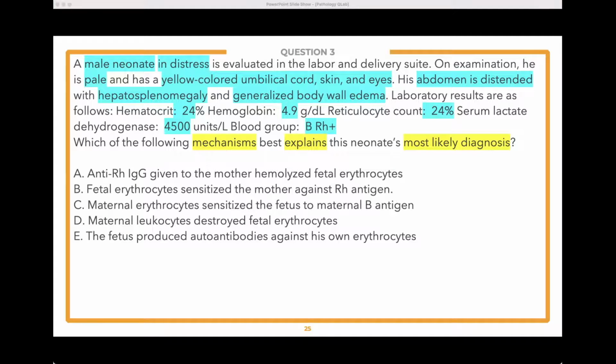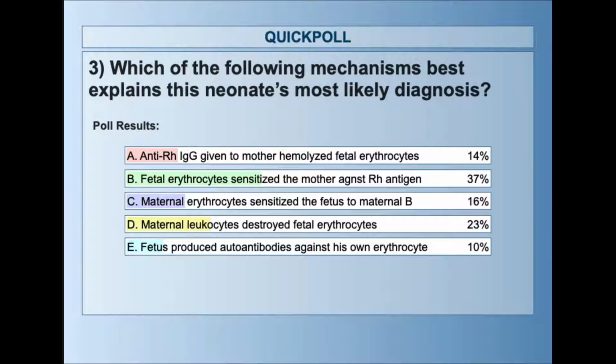Poll is closed, and we're going to share those results. In this case, answer choice B has the lead: the fetal erythrocytes sensitize the mother against Rh antigens. And almost a quarter of you thought it's answer choice D, with the maternal leukocytes destroying fetal erythrocytes.